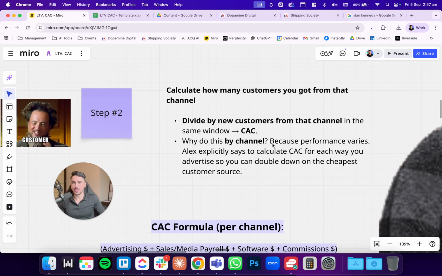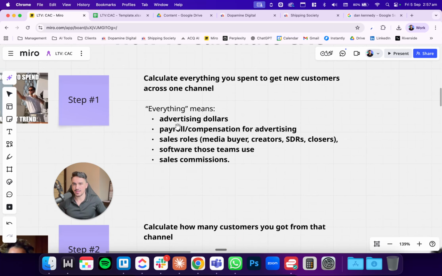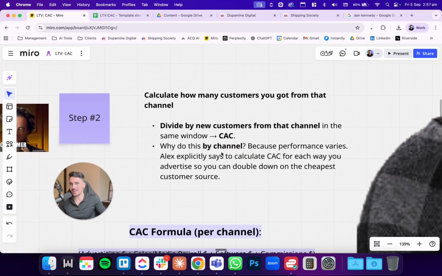And now you calculate how many customers you got from that channel. So you take this figure and divide it by the new customers from that channel in the same window.